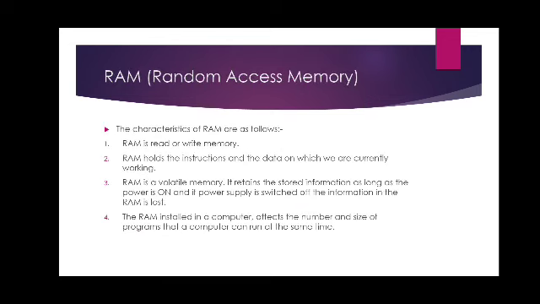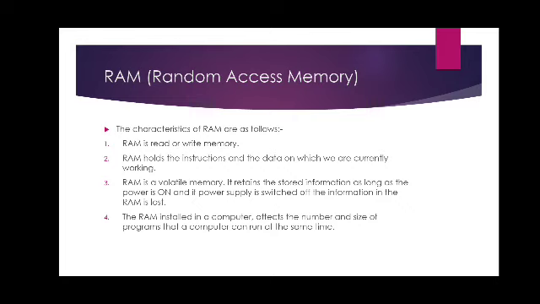Let us see. RAM means random access memory, and the characteristics of RAM are as follows. RAM is read or write memory. RAM holds the instructions and the data on which we are currently working.